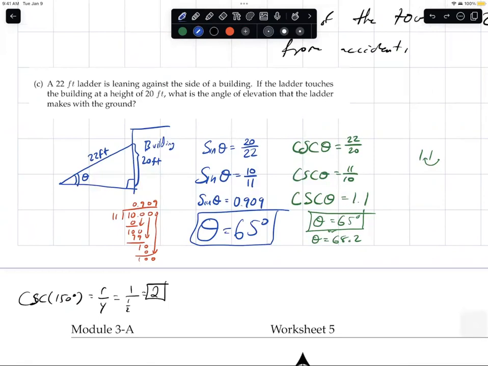From my understanding, the reason we're using theta and the angle of elevation, where we don't have to redraw the triangle with the dotted line, is because we're looking at the angle of elevation, right? Yes.